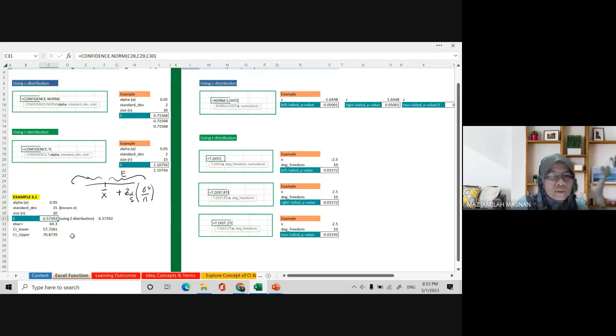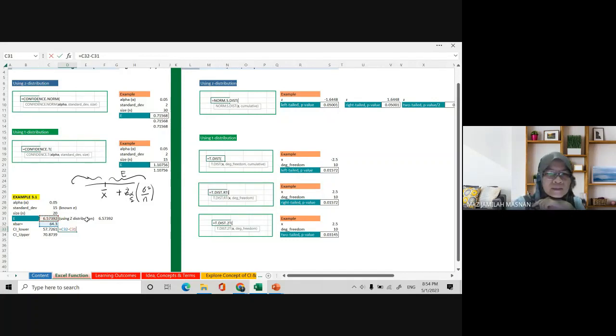So I just copy my x bar because I'm dealing with the sample mean. Then I calculate the CI lower and CI upper. For CI lower, I use equal to, I know that I have to deduct the margin of error from the mean. So I choose the cell for the X bar minus the margin of error.